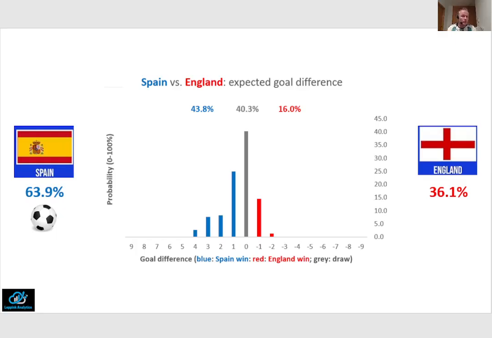That needing to go into 30 minutes extra time is all in all quite a likely scenario, yet either after regular time or after the additional time if needed, Spain is in my view the most likely candidate for winning this tournament. And that's it for this video.